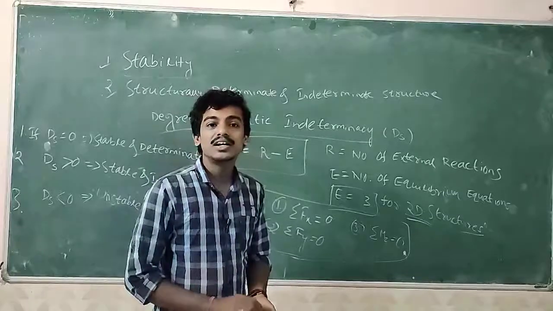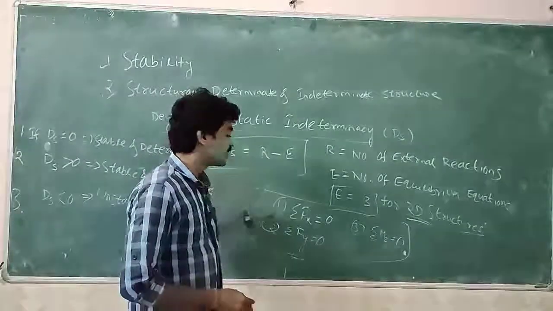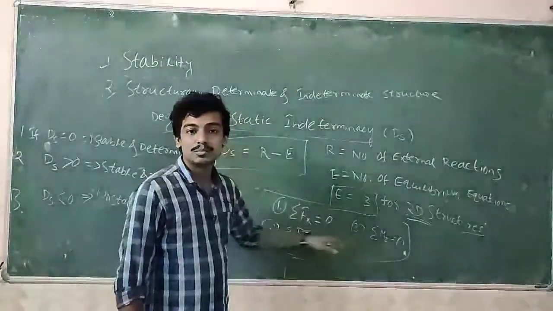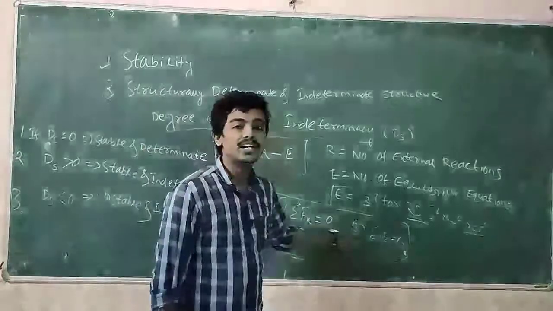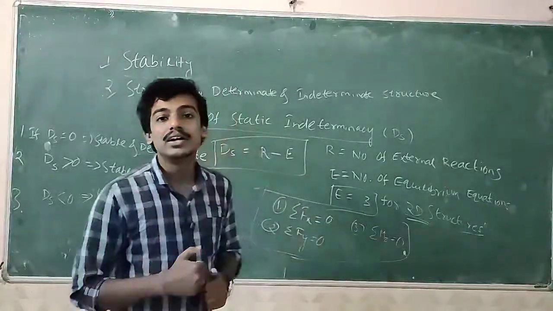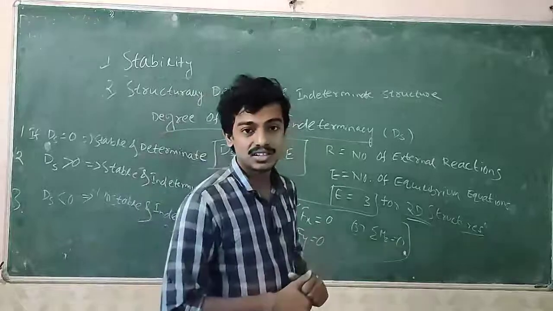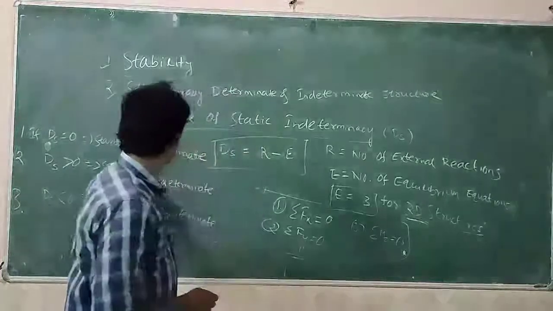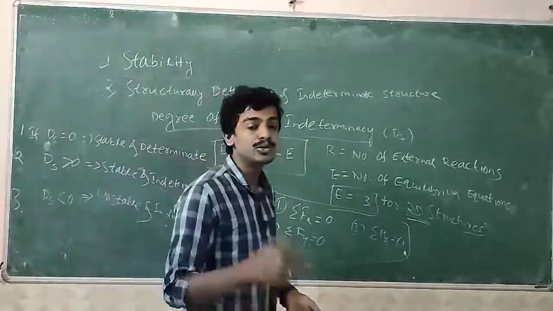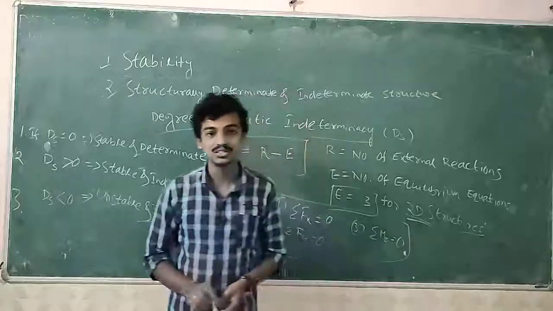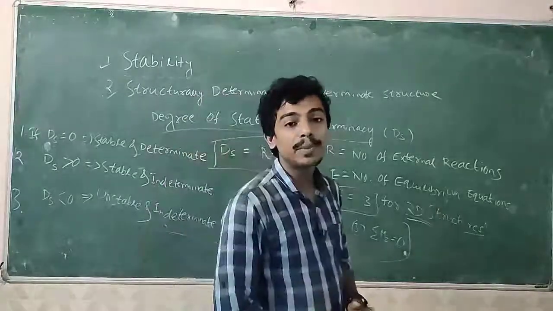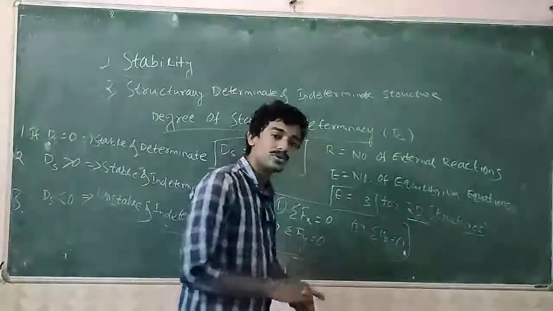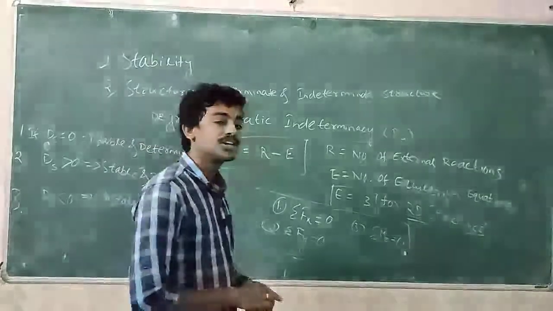Determinate structure means you can find out the external reactions by using the equilibrium equations. That means using these 3 equilibrium equations, you can find out all unknown reactions. If you cannot find them out, then in that case we call it indeterminate. You need more equations to find out the unknowns. So in that case, a compatibility equation should be used. Compatibility equations will be used to find out the unknown reactions.